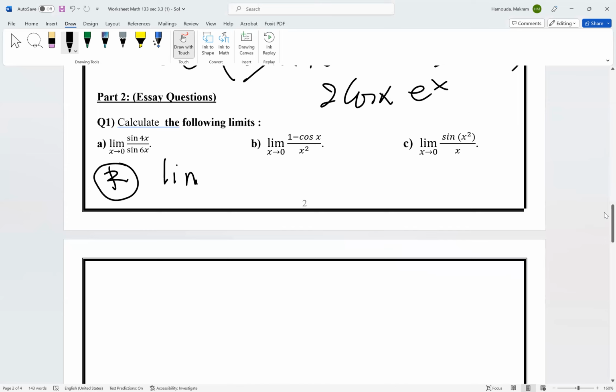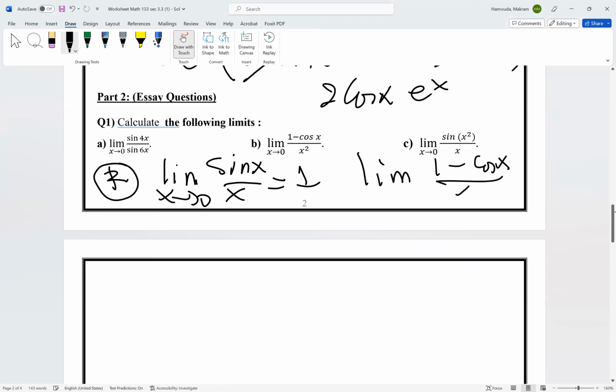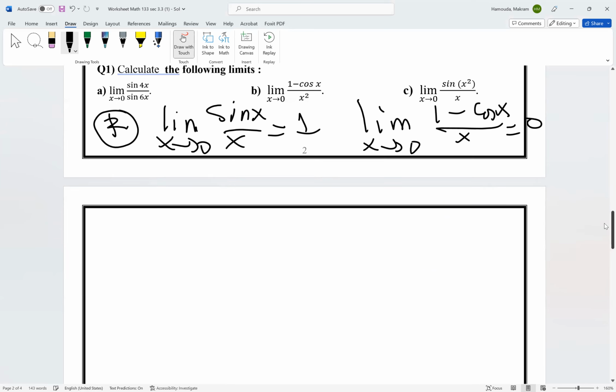So the limit of sine x over x when x approaches 0 is equal to 1, and the limit of cosine x minus 1 over x when x approaches 0 is equal to 0. These are the two fundamental limits which are obtained using the derivative. So I will use these two limits to compute number 1.